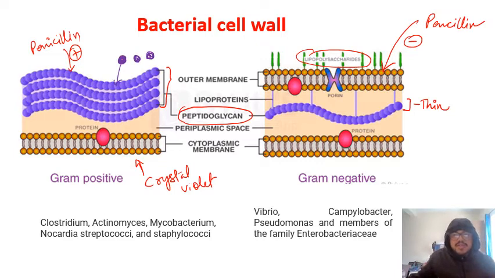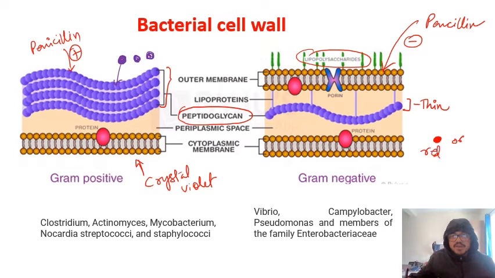But in the case of gram negative bacteria, since the peptidoglycan layer is very thin, the crystal violet won't be retained inside this thin layer. So when gram staining is done, the color of the gram negative bacteria will be red or pink.